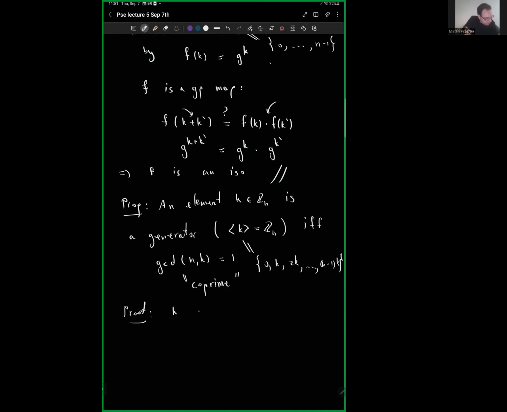Let me put it as an equivalence: k is a generator if and only if the integers modulo n equal 0, k, up to (n minus 1) times k.